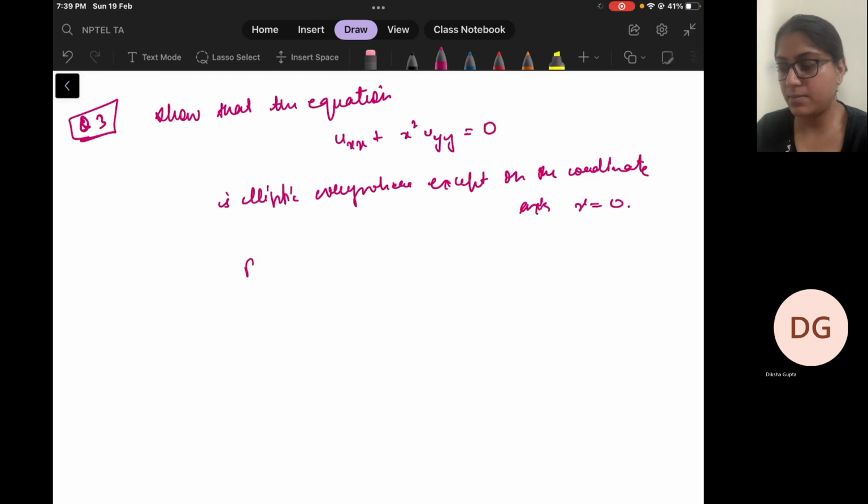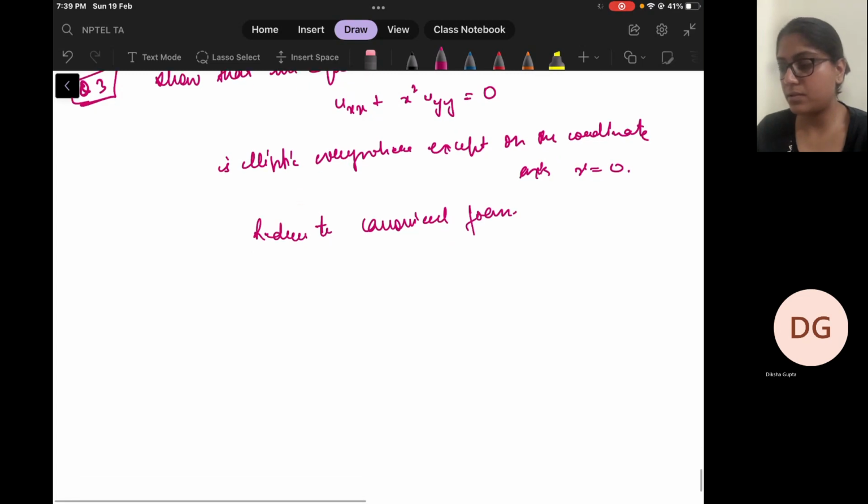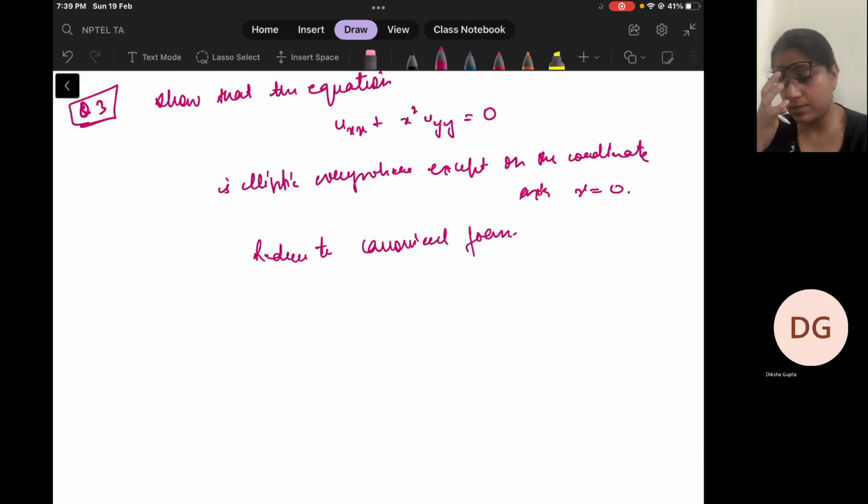Find the characteristic variables and reduce to canonical form. Okay, so the question says that we have to show that this is elliptic everywhere except on the coordinate axis, like x is equal to 0, and we have to further reduce the equation to the canonical form.